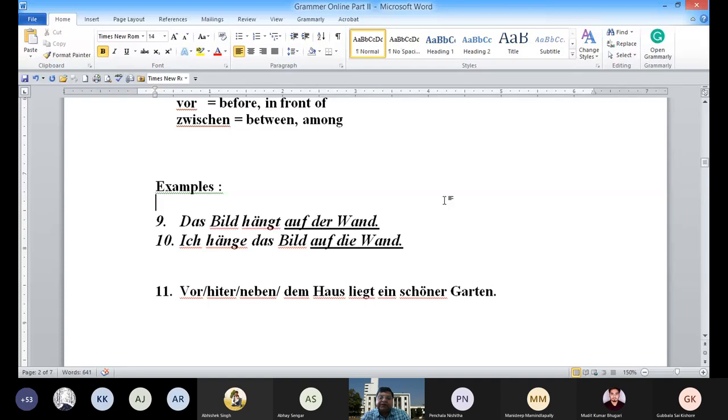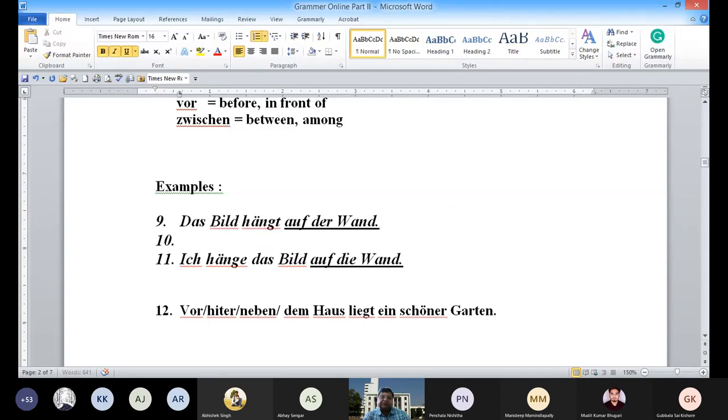That means one is dative, one is accusative. So first, let me explain this one, accusative. When I read the sentence, ich means I, hänge means hang, das Bild means the picture or photo, auf die Wand, on the wall.